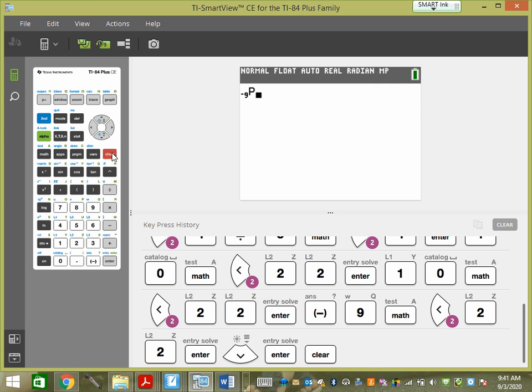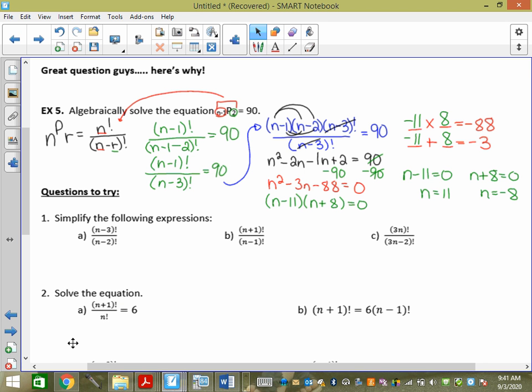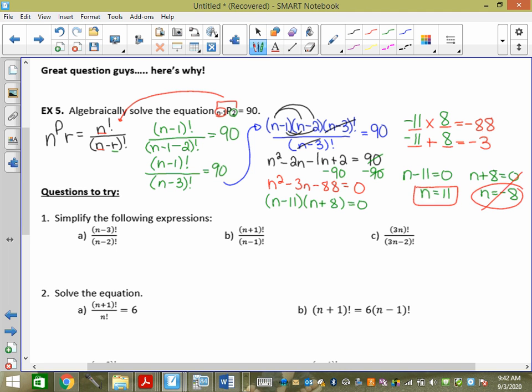So the reason why that can't happen is because in that formula, your n has to always be bigger than your r. So in that case, if I'm saying negative 9 P 2, I'm saying n is less than r. It'd be negative 9 P 2, right? So n in that formula always has to be greater than or equal to r, it can be equal to r. So this one is good. This one is extraneous.